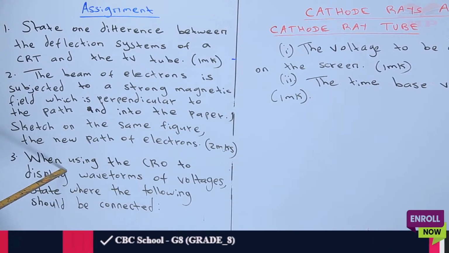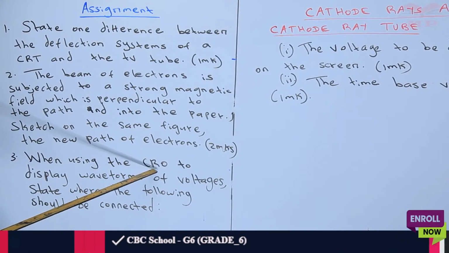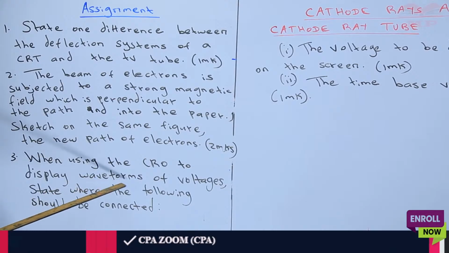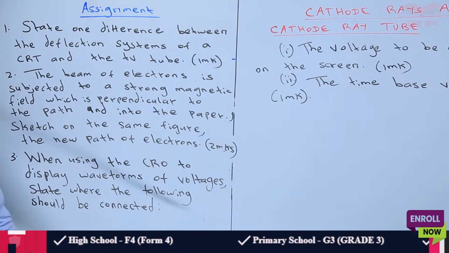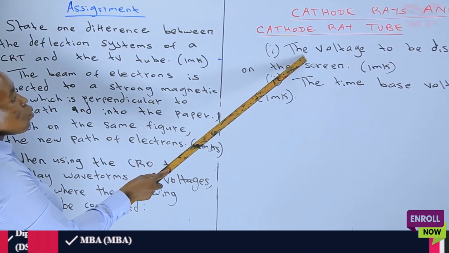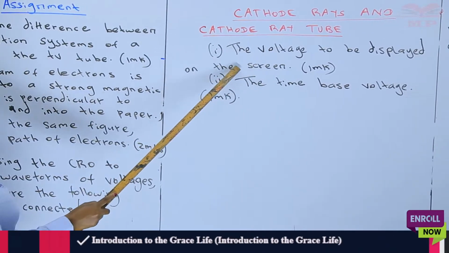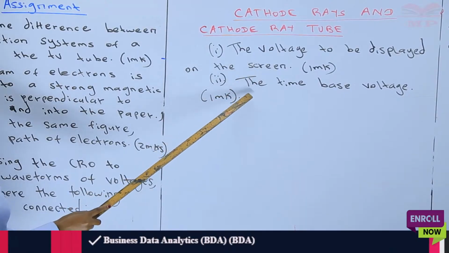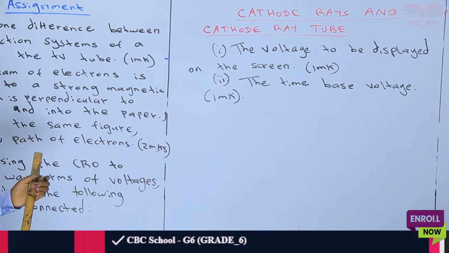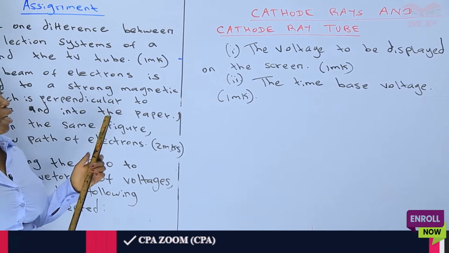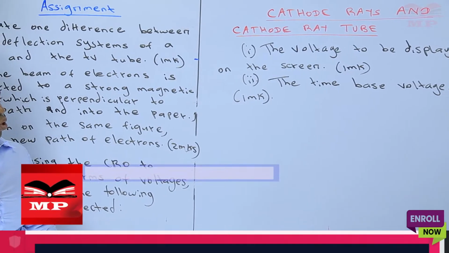Number 3: when using the cathode ray oscilloscope to display waveforms of voltages, state where the following should be connected: 1, the voltage to be displayed on the screen, and 2, the time-base voltage. So that's the exercise. It's good that you answer those questions.